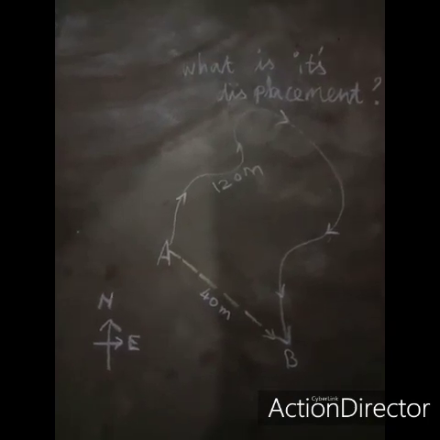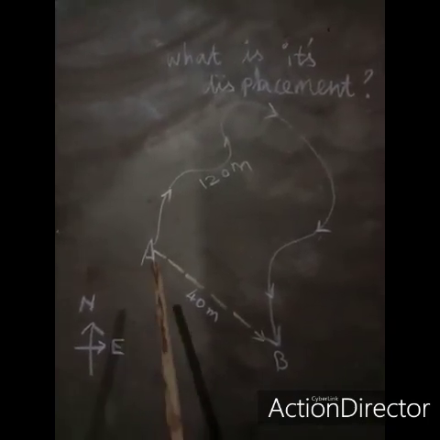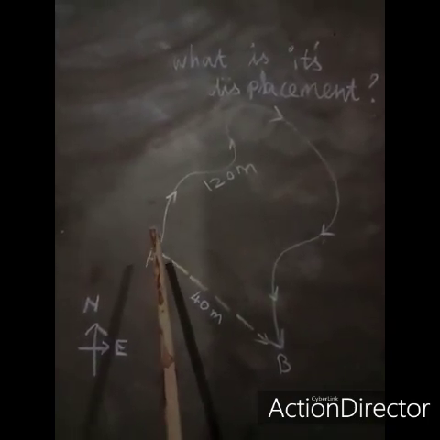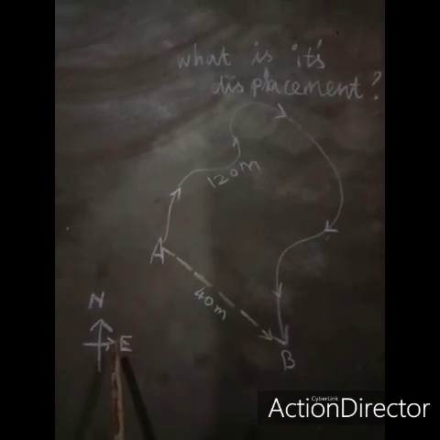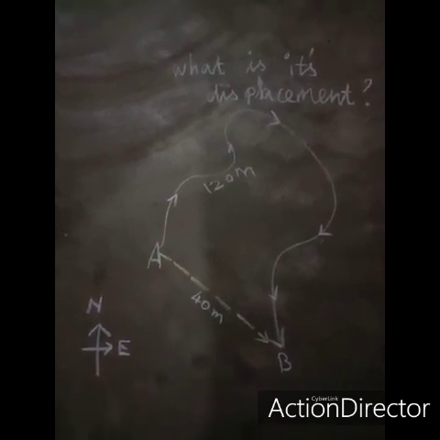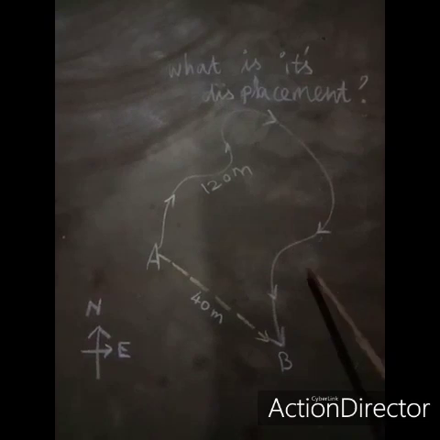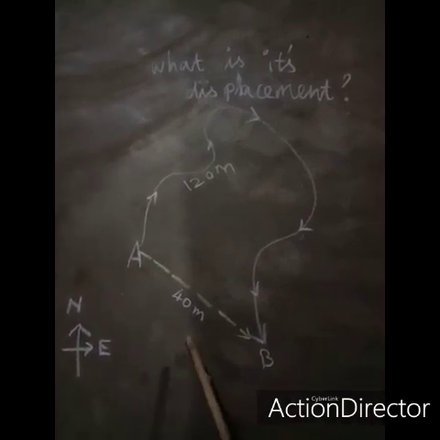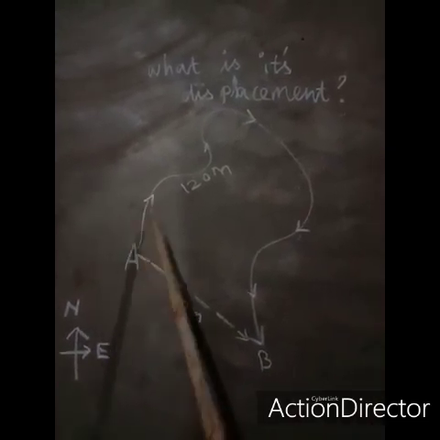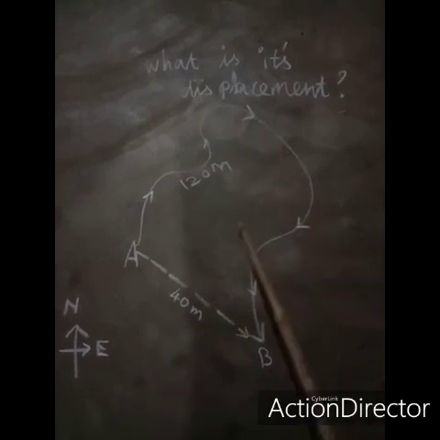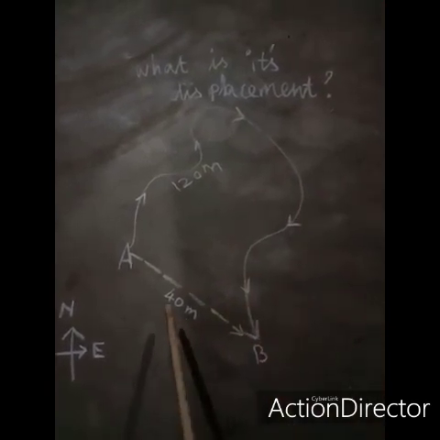Students, an object is traveling from A to B and the direction is given here. What is its displacement? This one, 120 meters, or 40 meters?